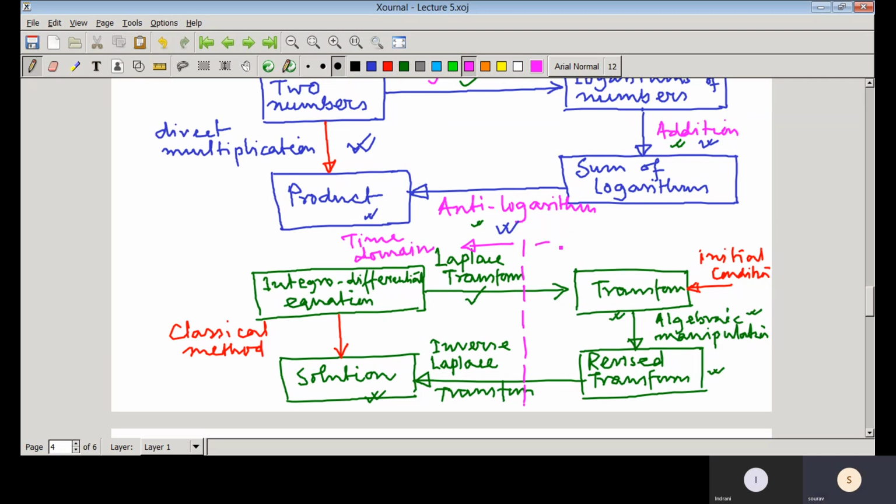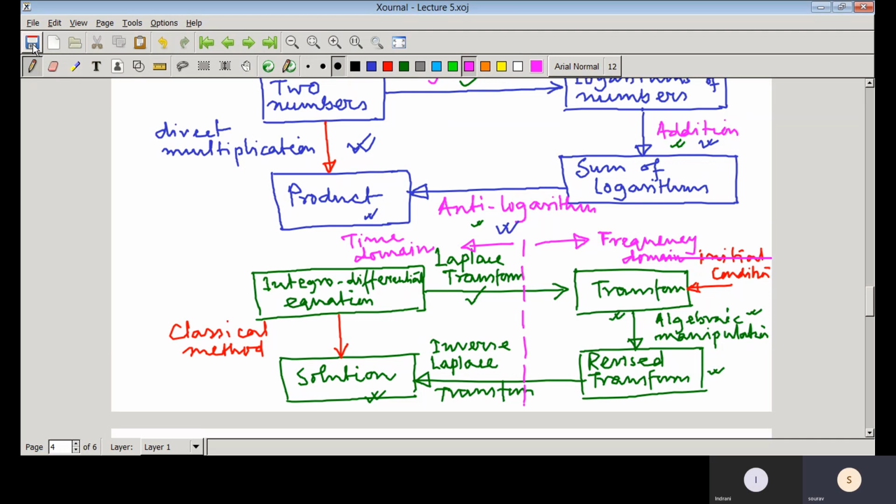And after the Laplace transform, when it comes into that algebraic form, it becomes frequency domain. So in this course, we will be discussing in detail what is that time domain and that frequency domain.